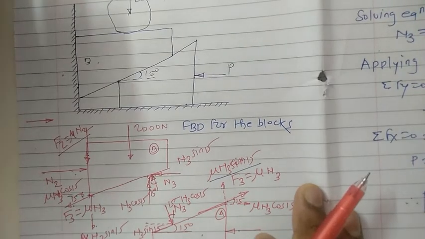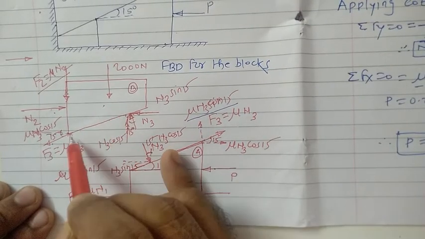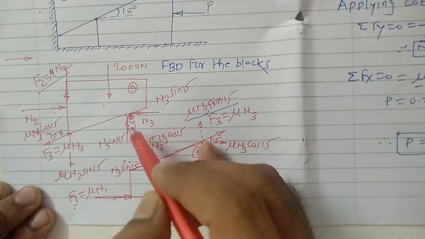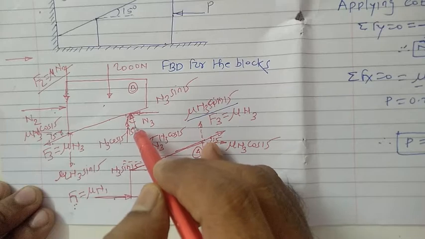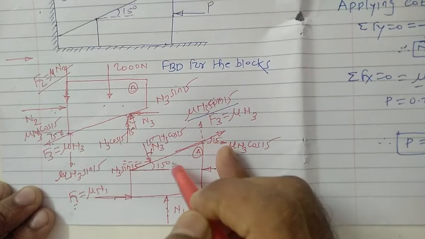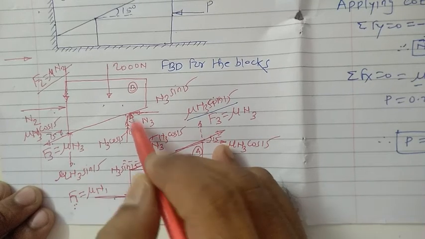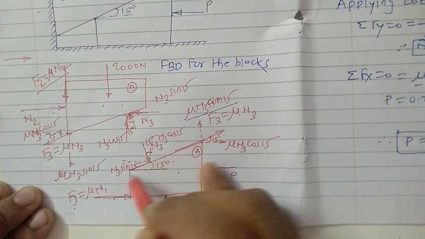Now the reaction between the inclined surface shown here and this one on each other is N3. So the N3 reaction we have considered between this block and this block. N3 is shown exactly normal to this inclined surface, and here N3 is shown exactly normal to this surface.